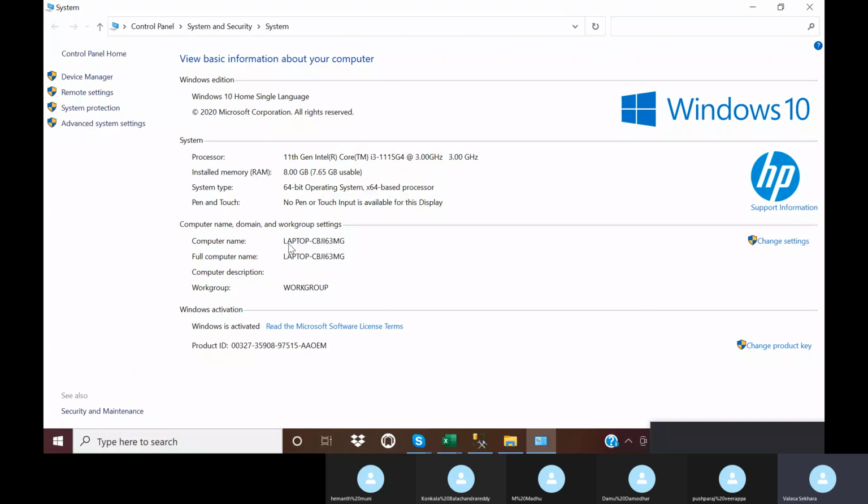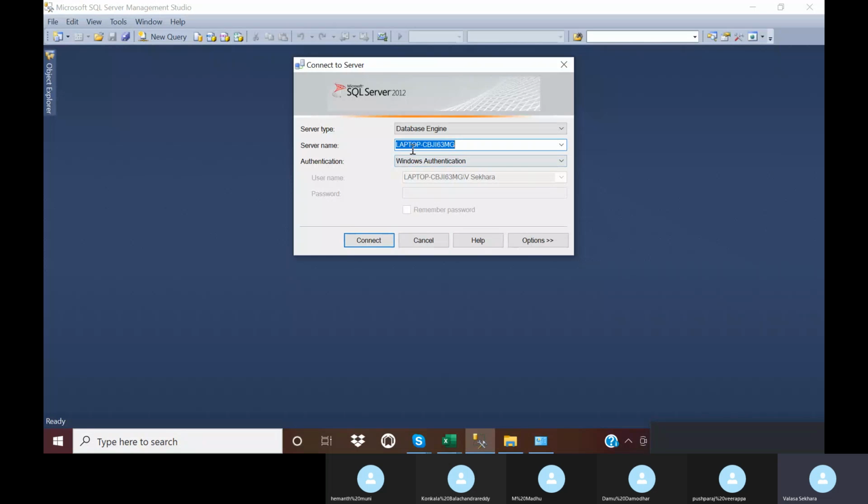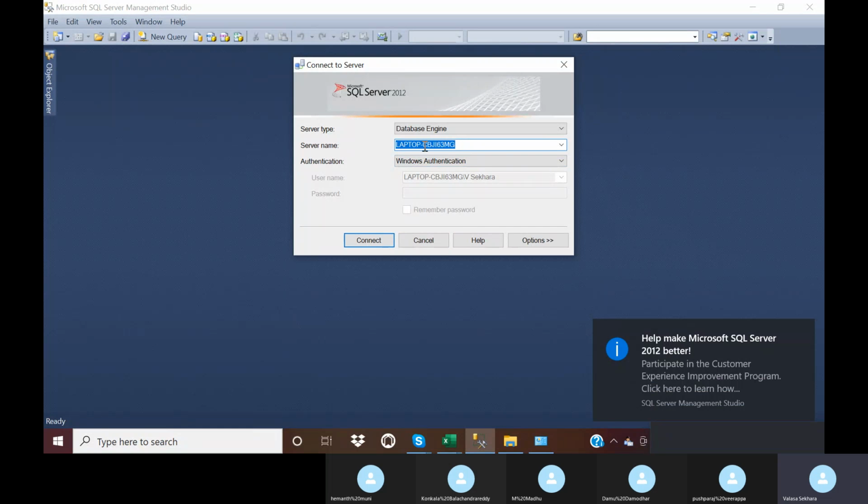While installing SSMS and the database server, it will by default take the computer machine name as the server name. Remember this point. Machine name is nothing but the server name.